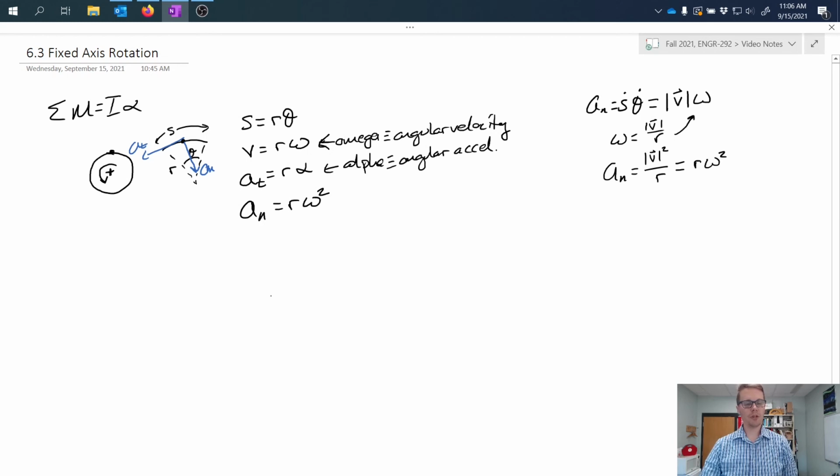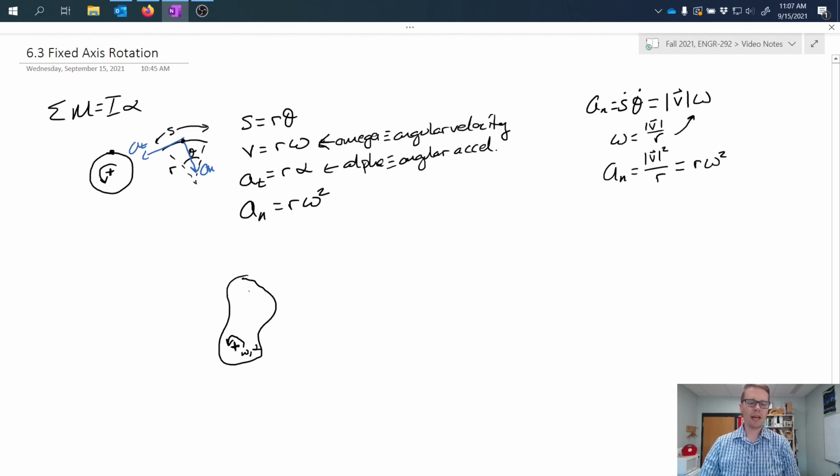This doesn't necessarily have to apply only to circular objects rotating about an axis located at their center. I can take any arbitrary object and spin or rotate it about an axis, so I can give it some rotation, omega or alpha, applied to it as appropriate.